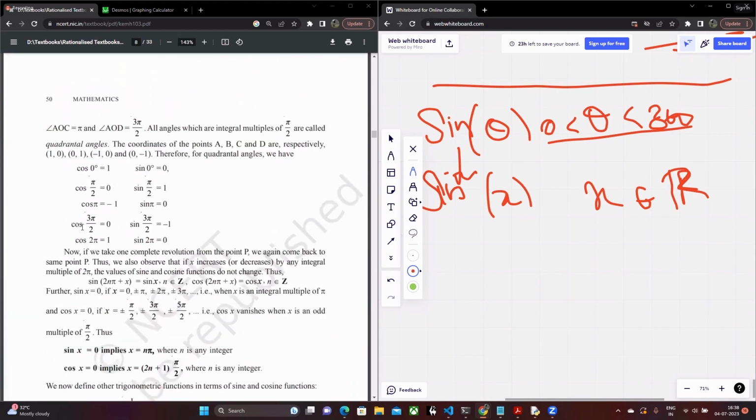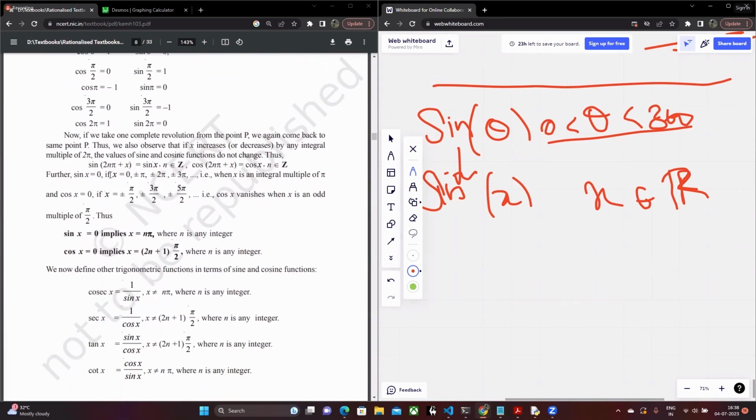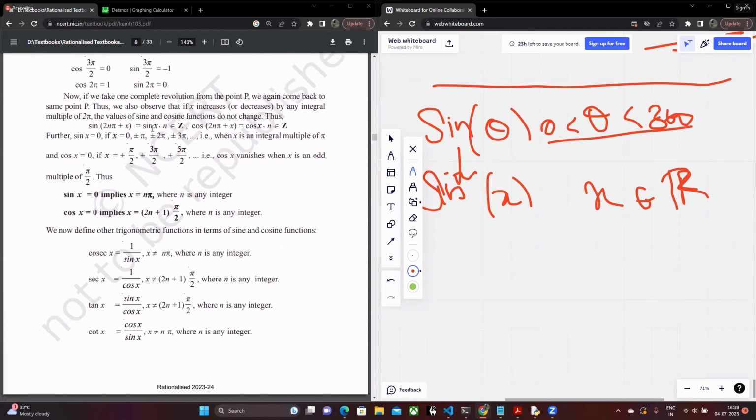Then you deal with your basic trigonometric ratios for the most frequently occurring angles: 0, pi by 2, pi, 3 pi by 2, 2 pi, etc. And you will see that sine of 2n pi plus x is sine x, and cos of 2n pi plus x is cos x. This is basically sine of 360 degrees times n plus whatever degrees being sine of those degrees.